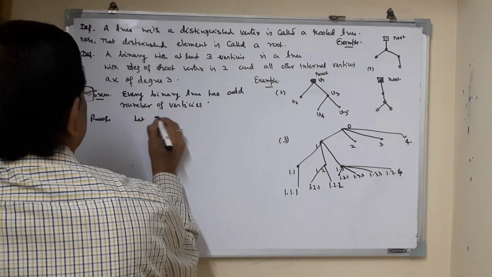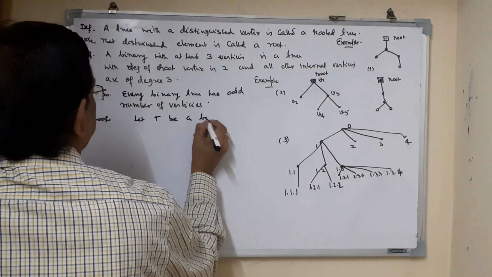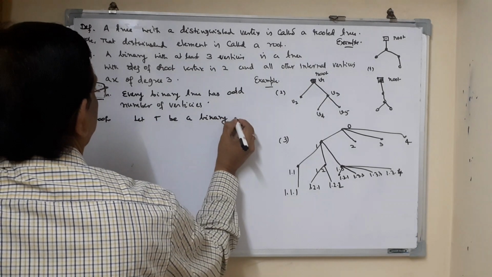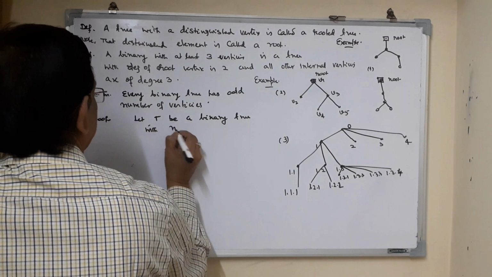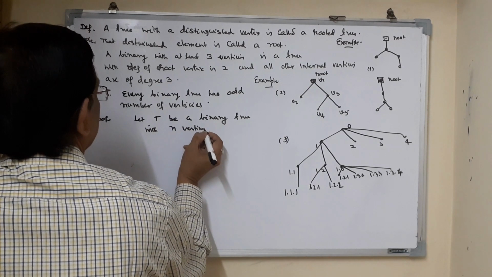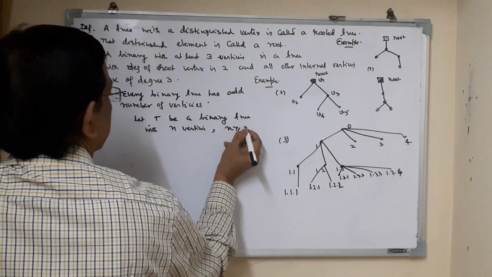Let T be a binary tree with n vertices, and possibly n greater than or equal to 3.